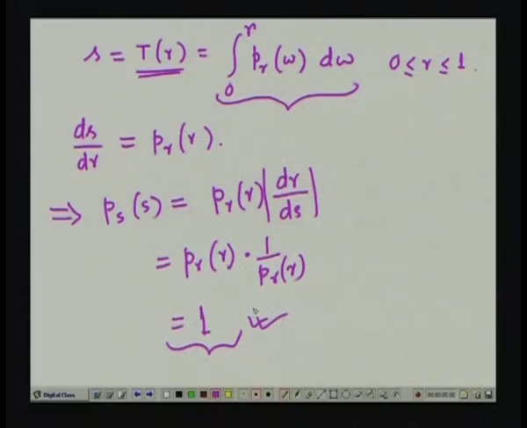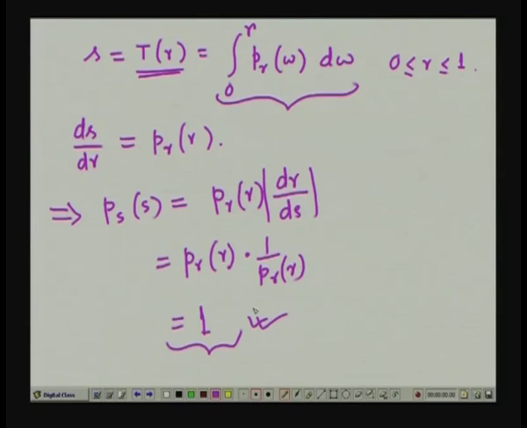So, whatever be the nature of T inverse(s), if we take the cumulative distribution function of r and use that as the transformation function T(r), then the image is going to be enhanced. So, this simply says that using the CDF, the cumulative distribution function, as the transformation function, we can enhance the contrast of an image, and by contrast enhancement, what we mean is the dynamic range of the intensity values is going to be increased.